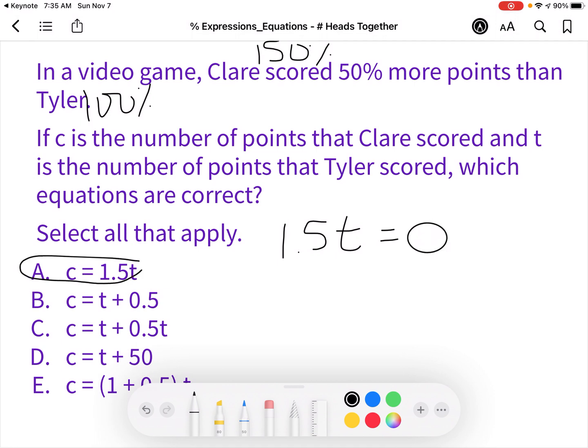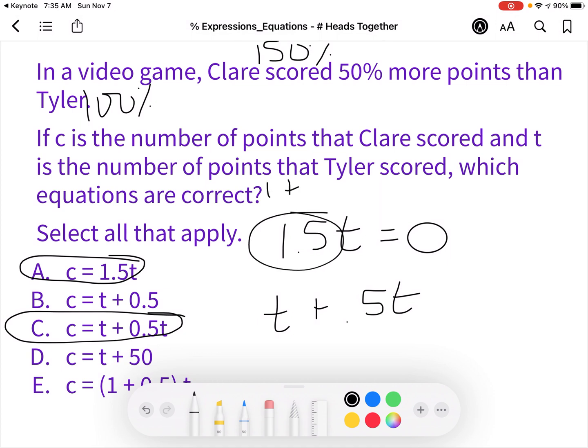So that's A. I know that Tyler's points plus 50% of Tyler's points is going to give me Claire's points. And I know that this can be broken into 1 plus 0.5. These two can't be right because they're not multiplying by Tyler at all. Okay, the percentage isn't there.